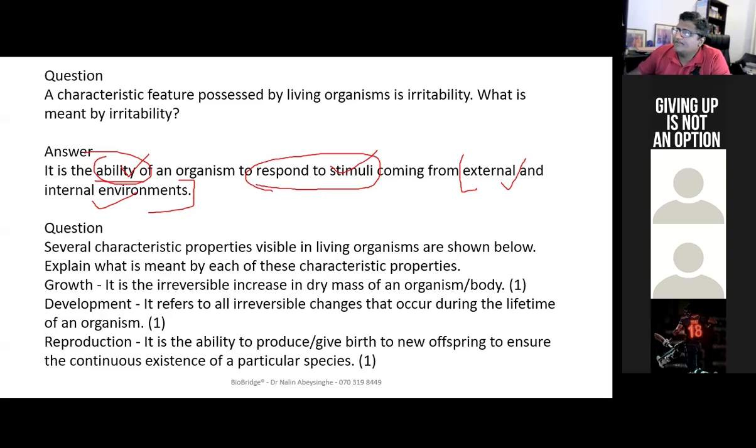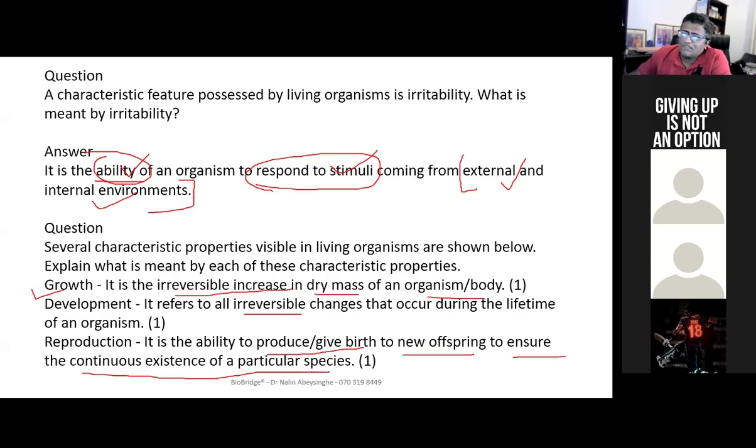Then again, we are going to the same thing. Several characteristic properties visible in living organisms are shown below. Explain what is meant by each of these characteristic properties. Growth, we discussed: irreversible increase in dry mass of an organism's body. Development, we discussed it earlier. Reproduction: ability to produce or give birth to new offspring to ensure the continuous existence of a particular species.